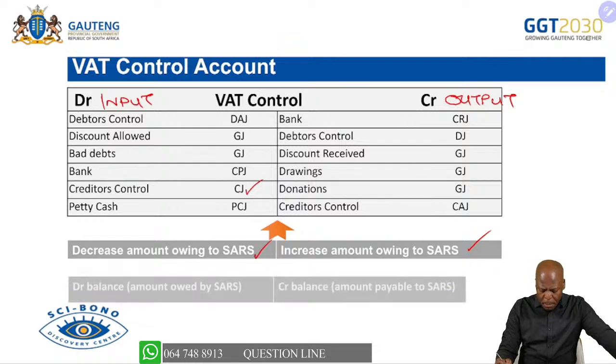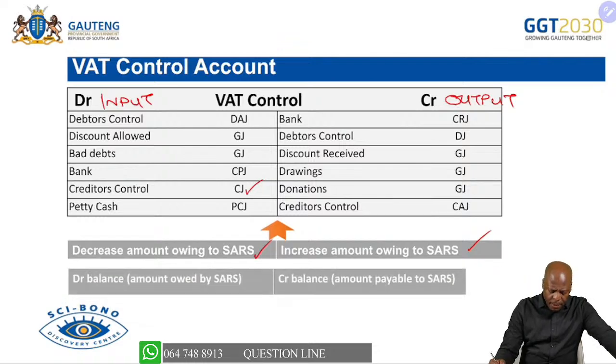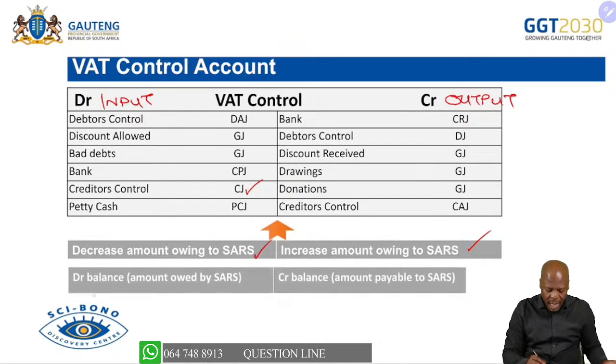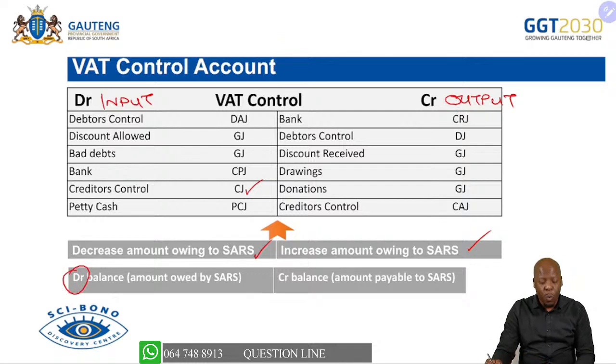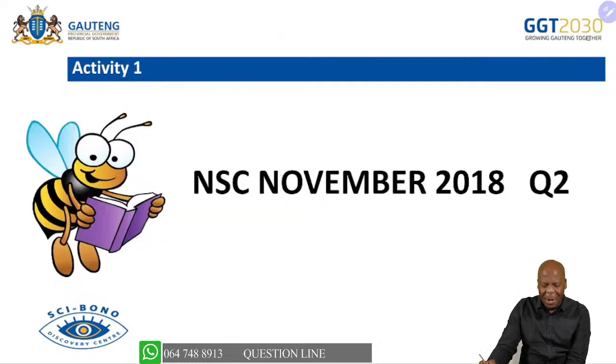It is also very important to understand that when we are finished with our VAT control account, if our account has a debit balance, this is the amount owed by SARS. We are being owed by SARS. It becomes a receivable. But if the balance is credit, this is the amount payable to SARS. We are owing SARS.